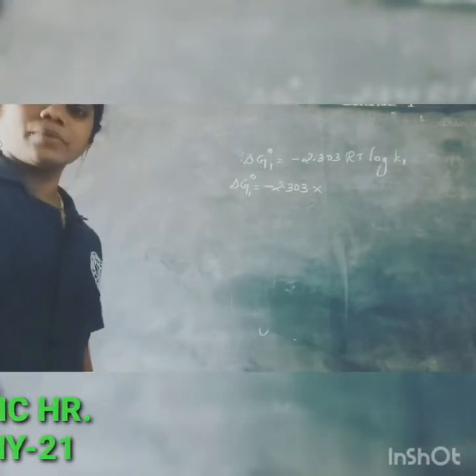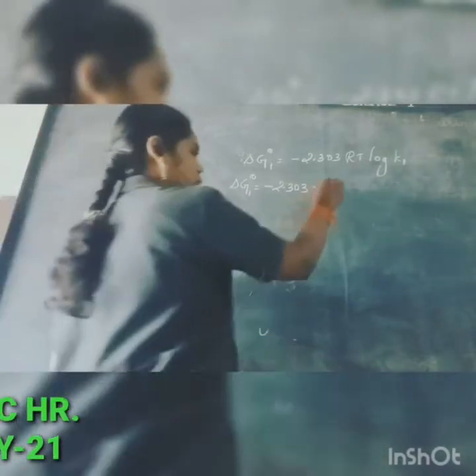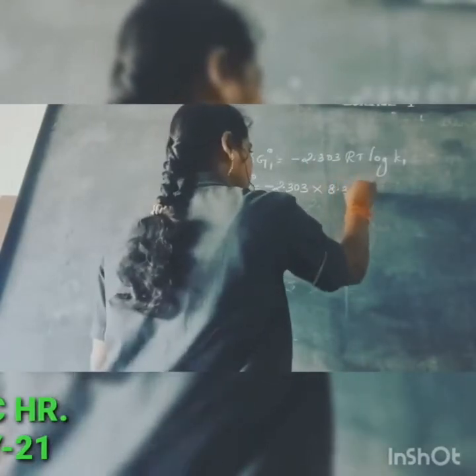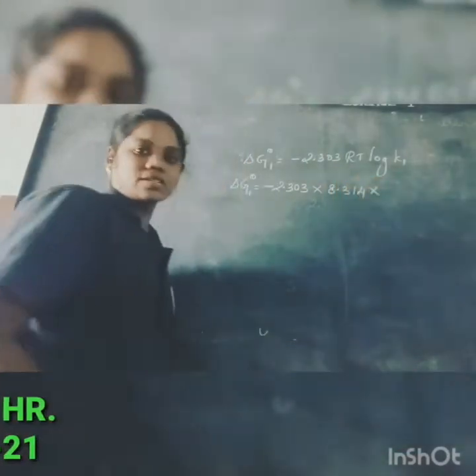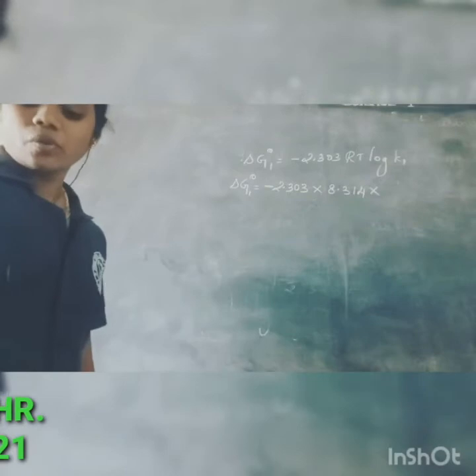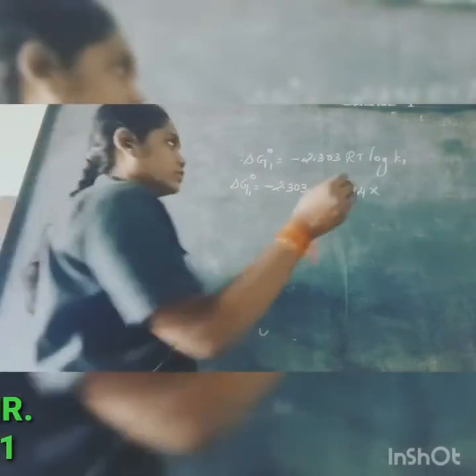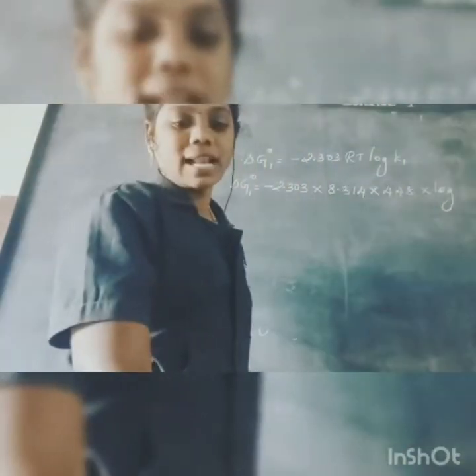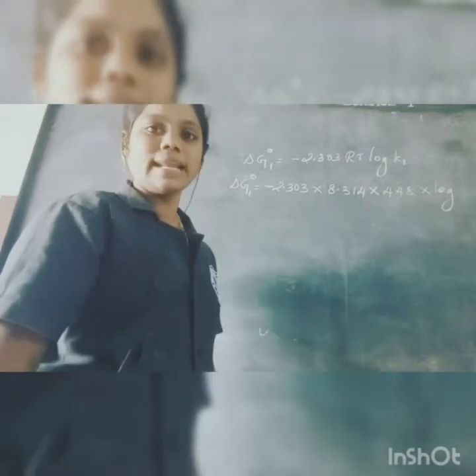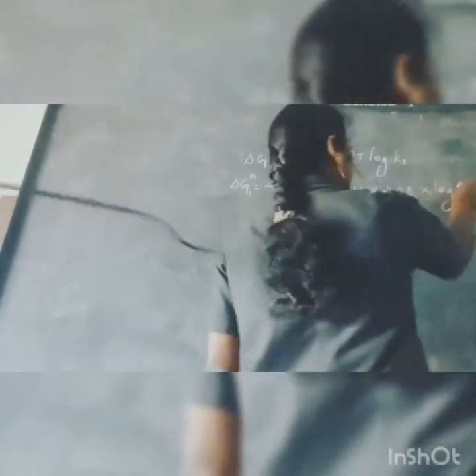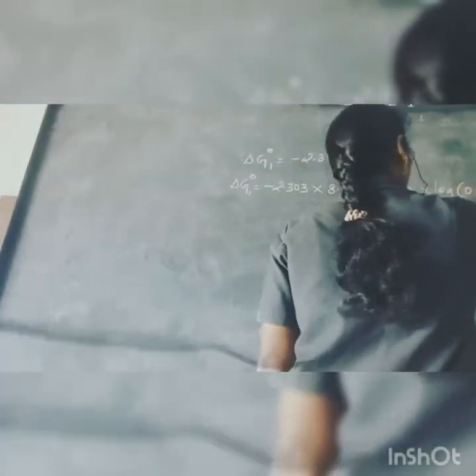R value is 8.314, into temperature. What is the temperature? 448 Kelvin. So into 448 into log K1. What is the K1 value? K1 value is 0.01366.